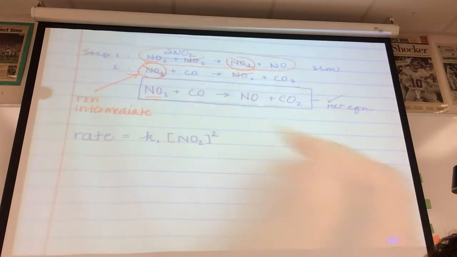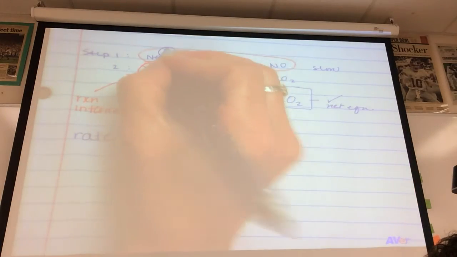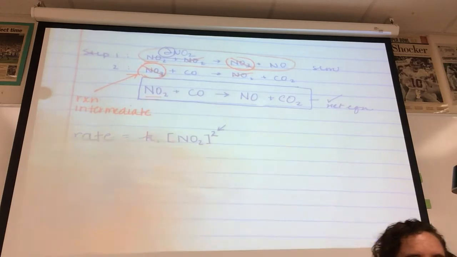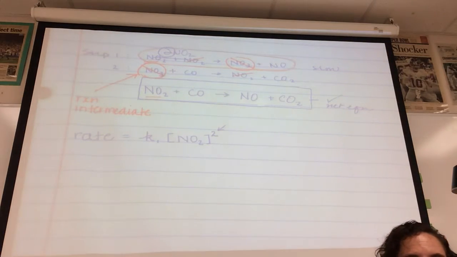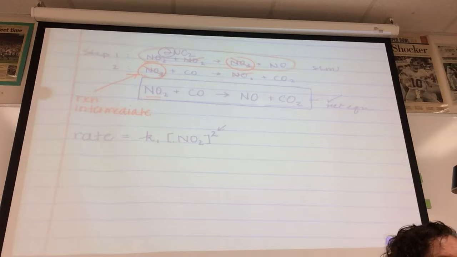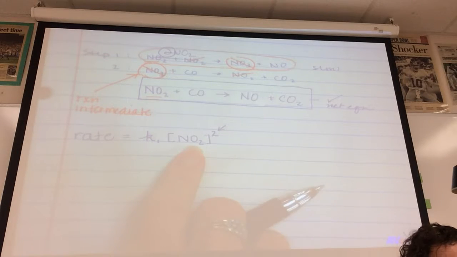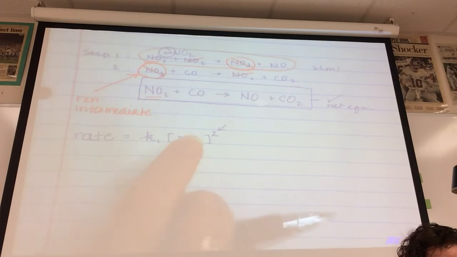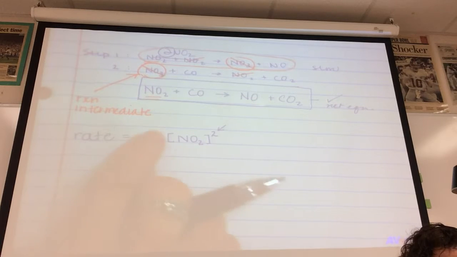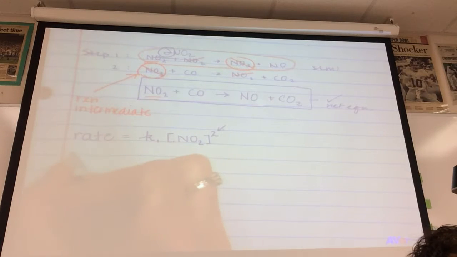I wanted to show the easy cancellation. The coefficient of 2 becomes an exponent. You use the slow elementary step to write a potential rate law for your reaction. Now, for reasons I'm not going to get into, all the K's at the end just make K.